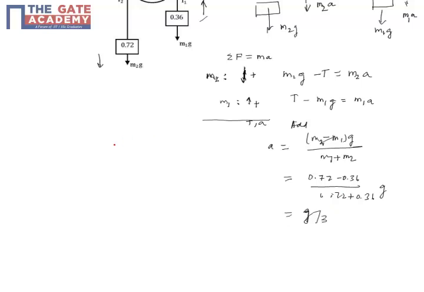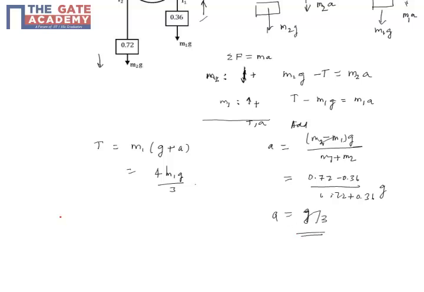And now if you go back and substitute in one of the equations, let's substitute in the second equation. So T is M1 times (G plus A) and A is G by 3. So it will be 4 M1 G by 3, which is the tension. So we know the acceleration is constant throughout the process, right?